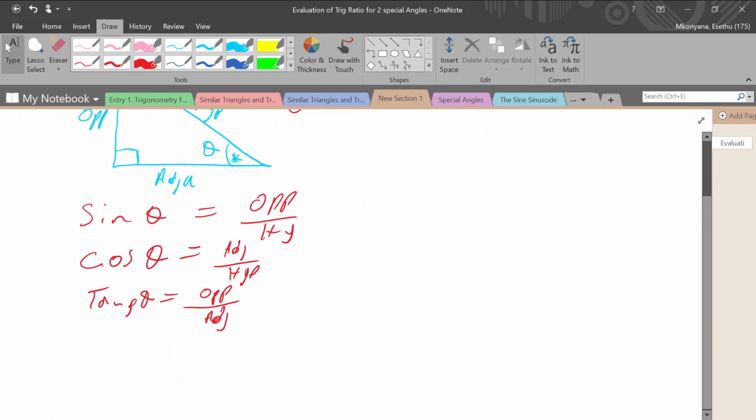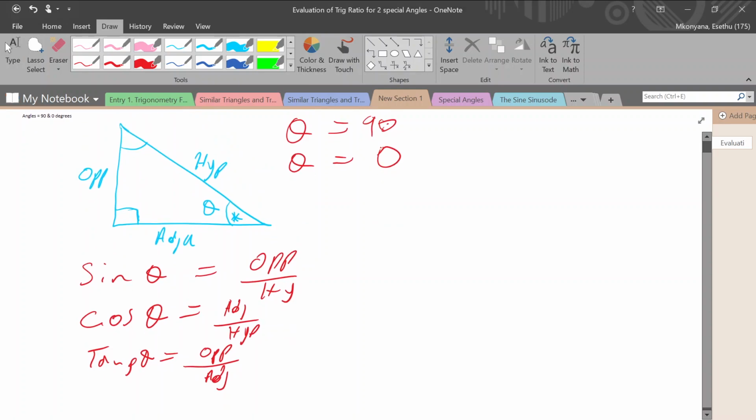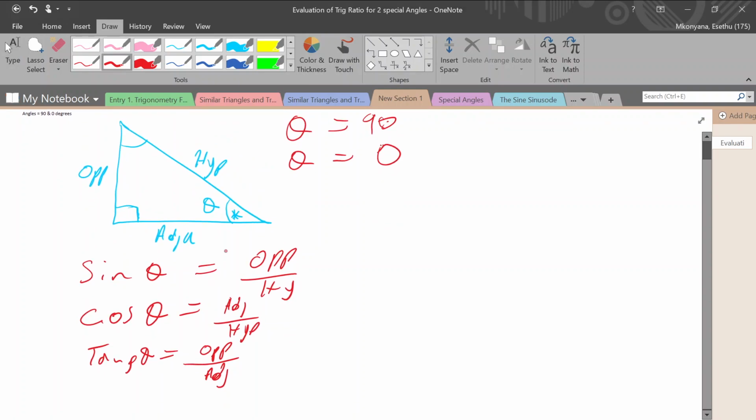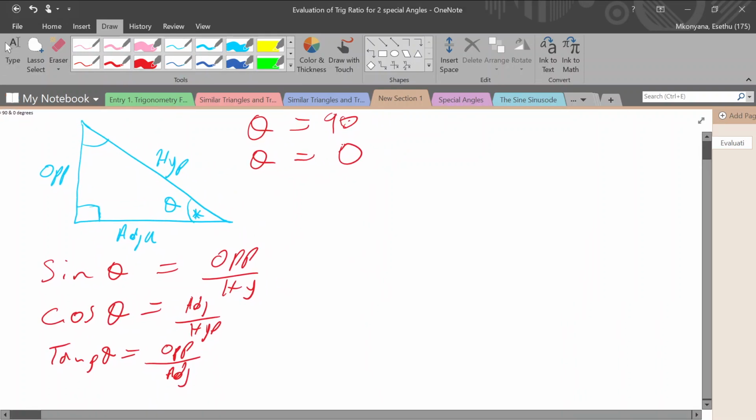So from looking at this, we can see our adjacent side and we can see our triangle there. So I'm going to make an evaluation here, a nice example. Let's look at these angles and how they really work for us.